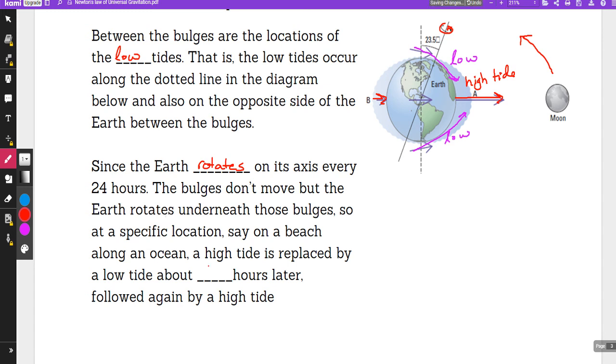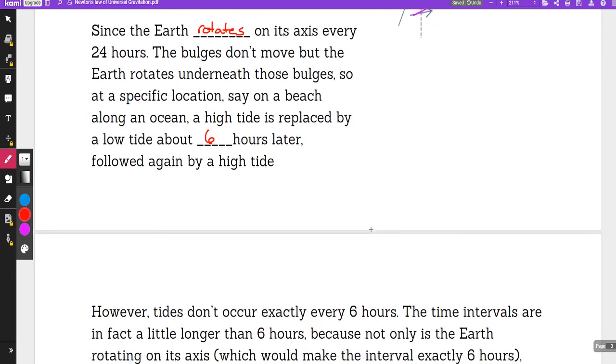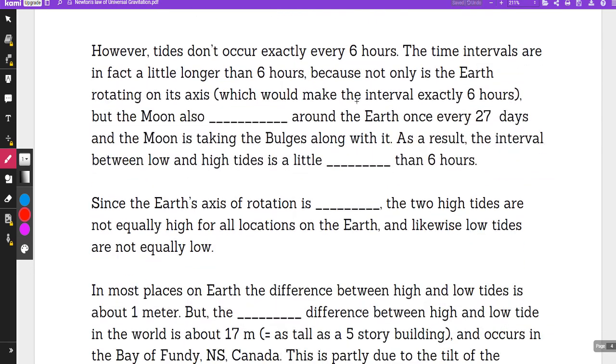So a high tide is replaced every six-ish hours. Now, that's not necessarily always true in that it doesn't occur every 6 hours. It's like saying that the Earth has 365 days. It's not necessarily true. The time intervals are a little longer because of all the different rotations and because of the moon also revolving around.